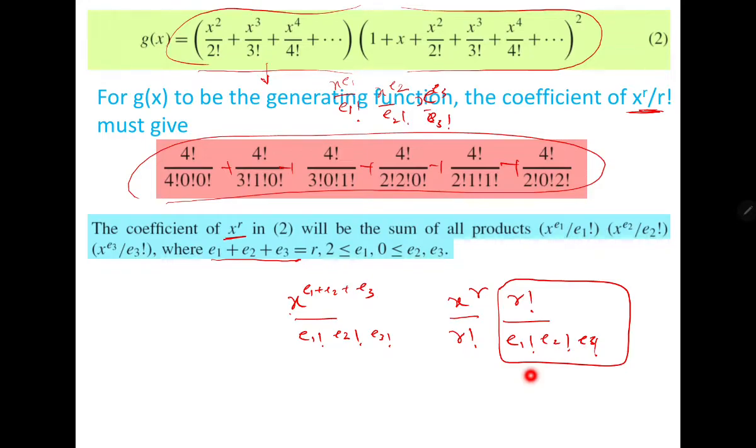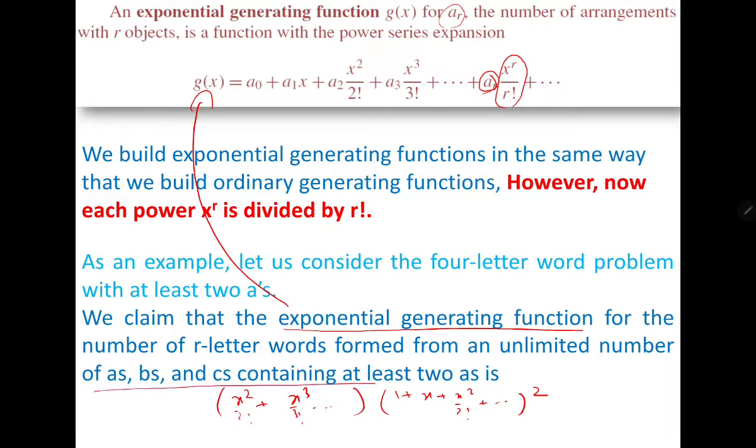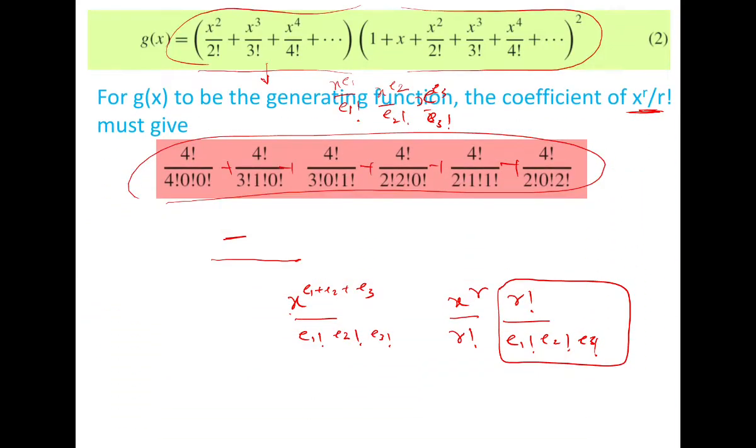So this is what we are looking for. We just proved that for this problem we got the required answer using the concept of exponential generating function. Initially we wrote the answer using combinatorial techniques, and now we wrote it in this way.